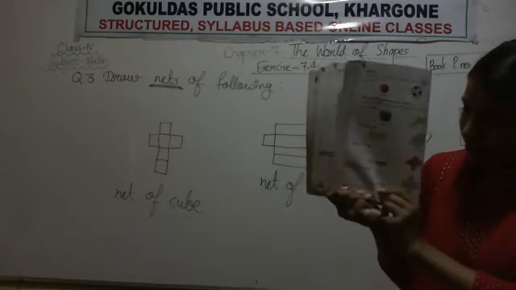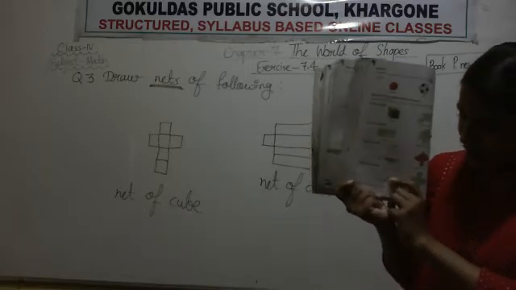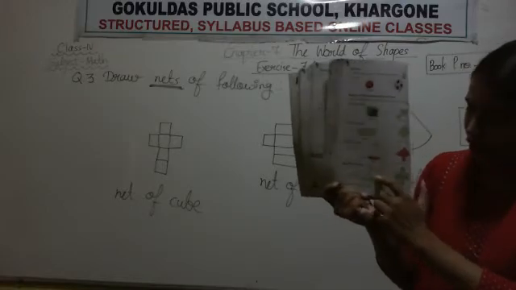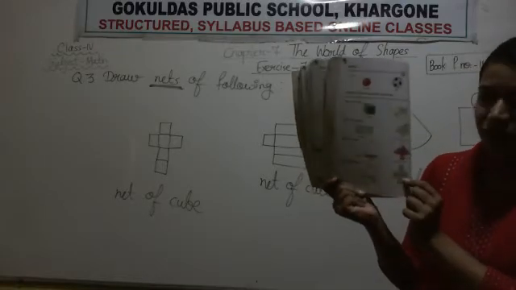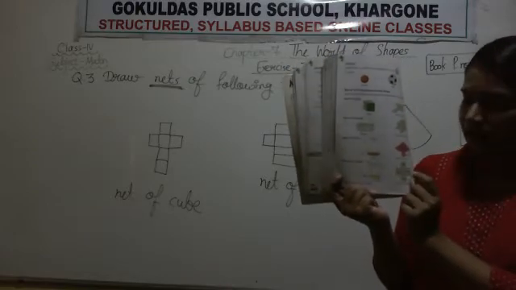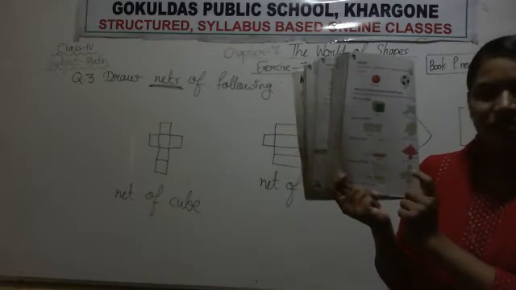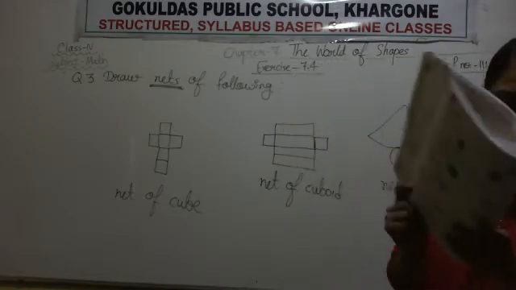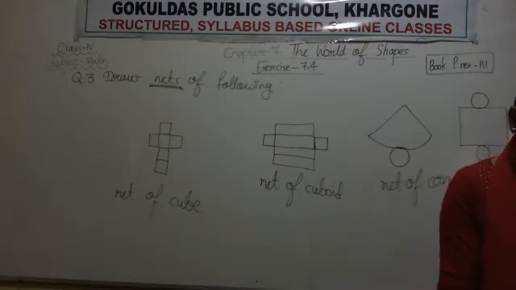The last one is a cylinder, which has a top and base and one curved surface. When we open this curved surface, we get a rectangle. Observe here, we get a rectangle, and the top and base are circular surfaces. So it is known as the net of a solid cylinder.